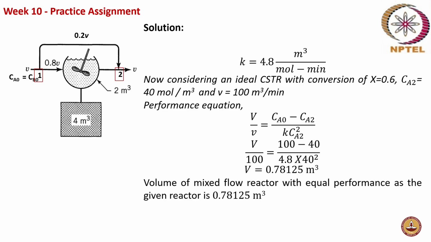So you will end up with V equal to 0.78125 meter cube. So the volume of the mixed flow reactor or ideal CSTR with equal performance as the given reactor is 0.78125 meter cube.